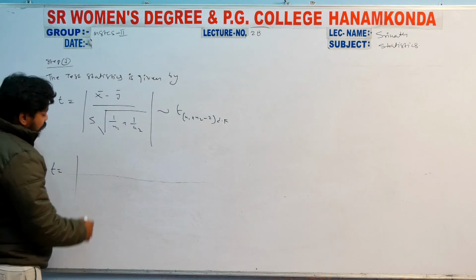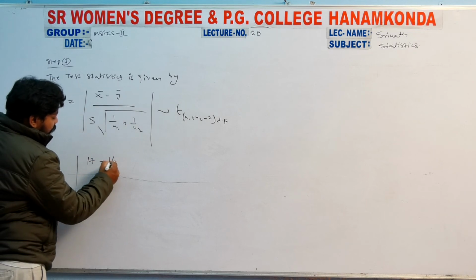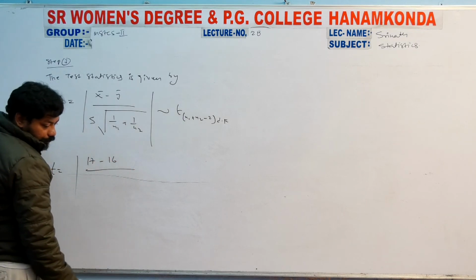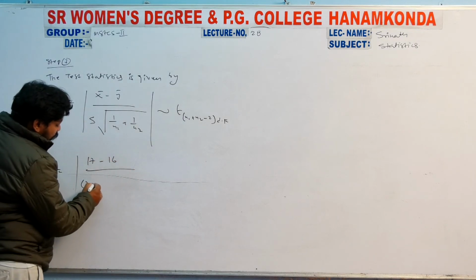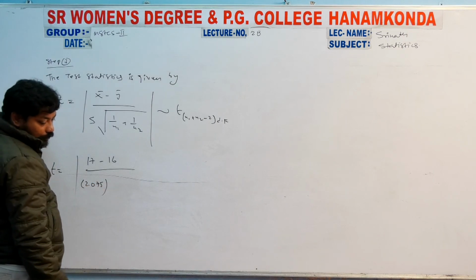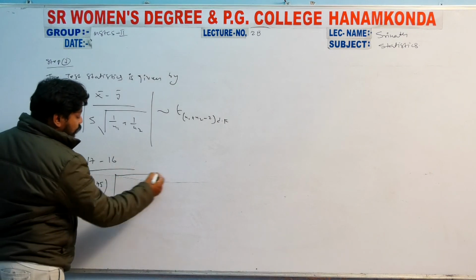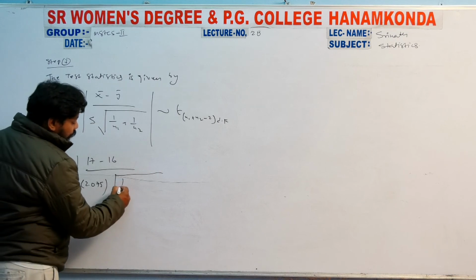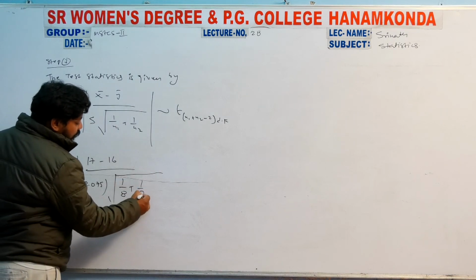T equal to mod of 17 minus 16 by 2.075 under root of 1 by 8 plus 1 by 7.